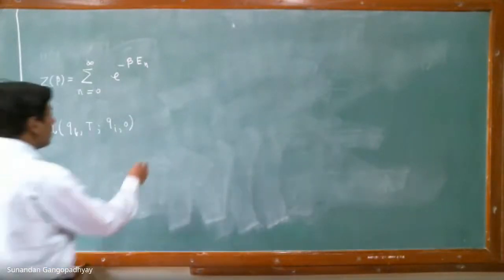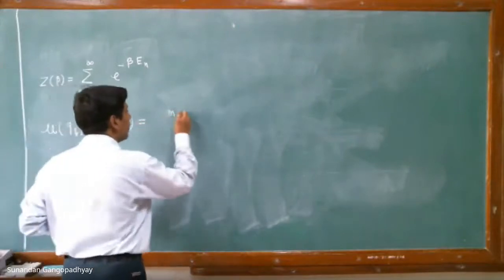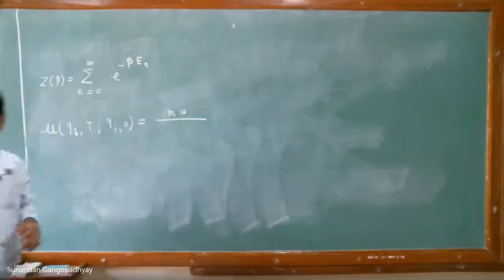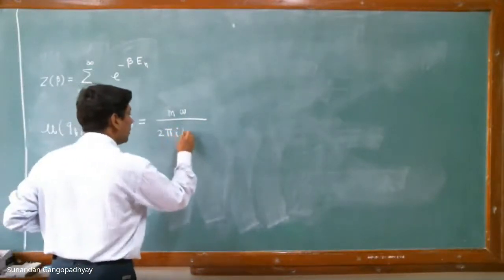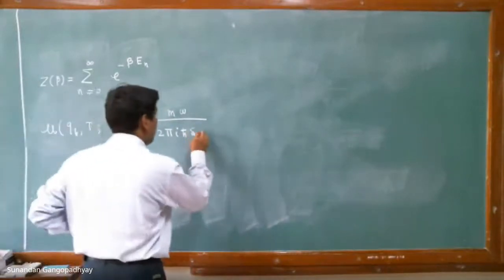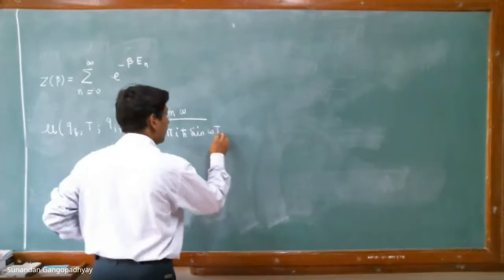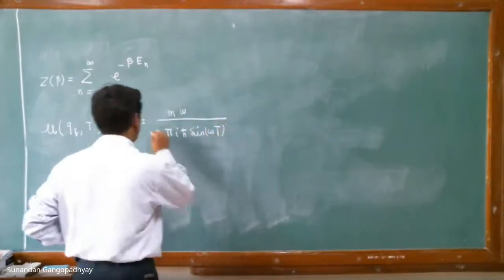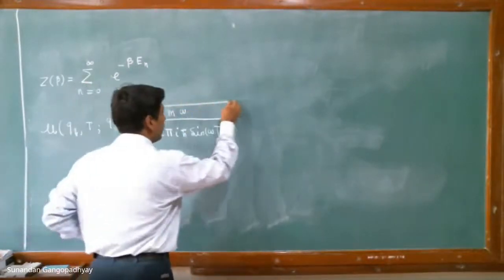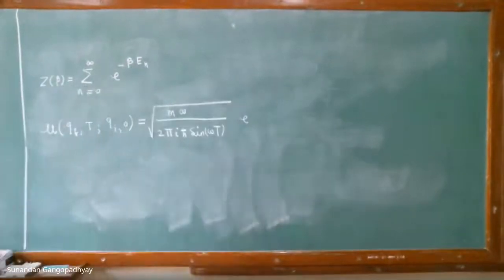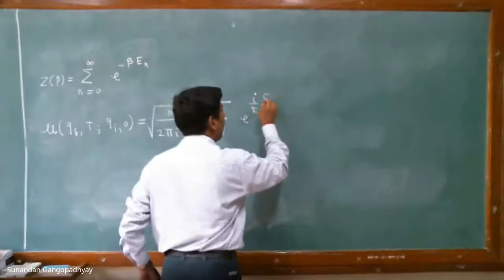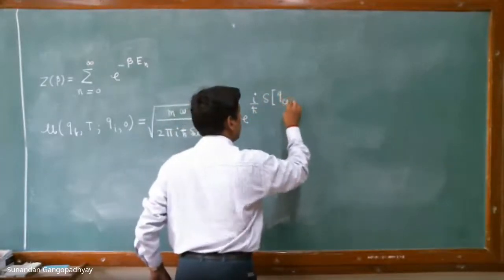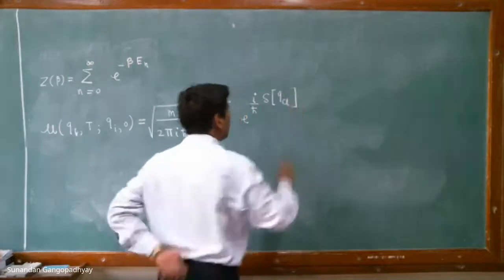And the result for the propagator for the harmonic oscillator is the following: the square root of m omega by 2 pi i h bar sine omega T, into e to the power of i by h bar S classical.